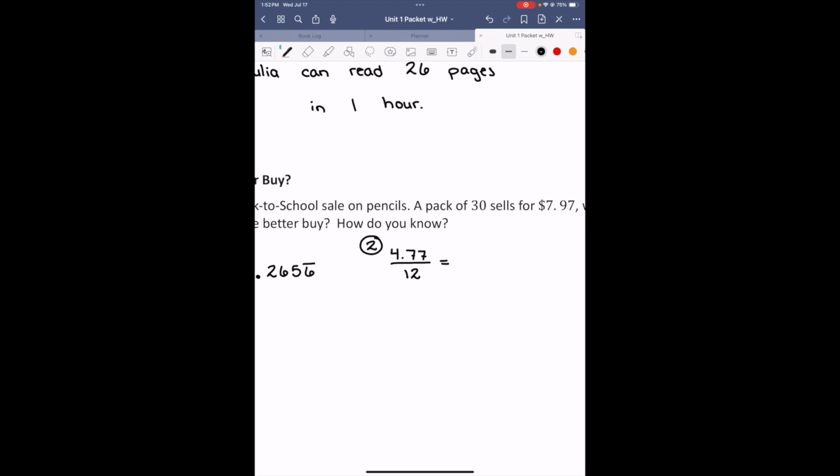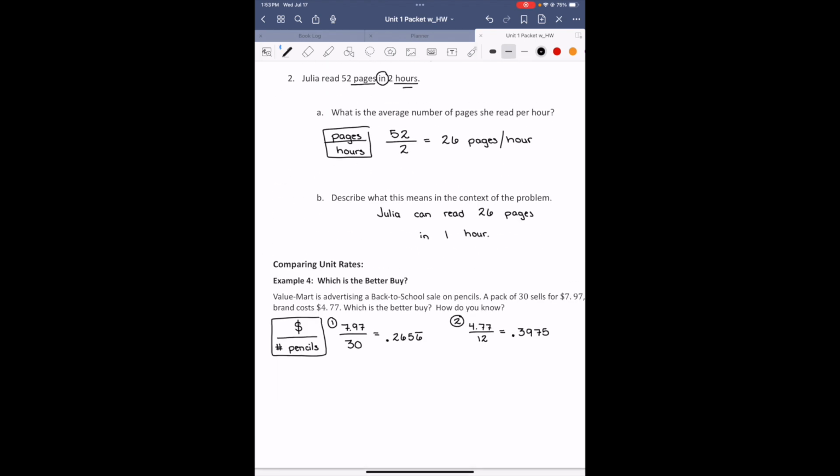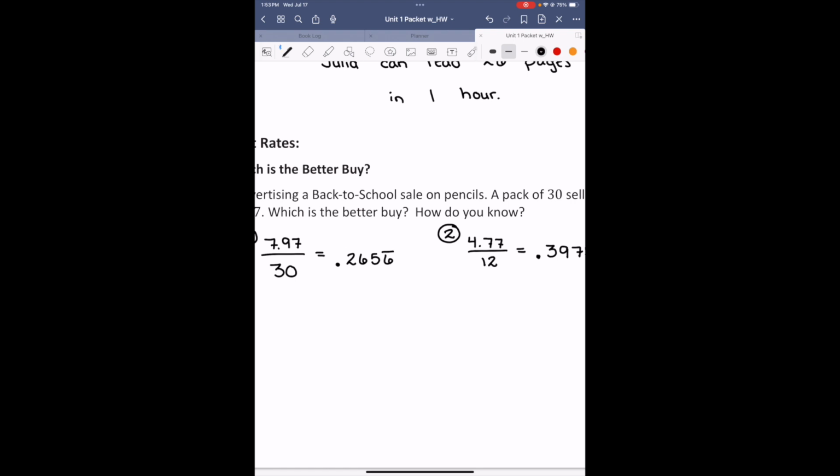Okay. So now $4.77 divided by 12 is $0.3975. So when I take a look at these, even if I round it to the nearest cent, because it's money, so this would be 0.26. Well, I'm going to look here.